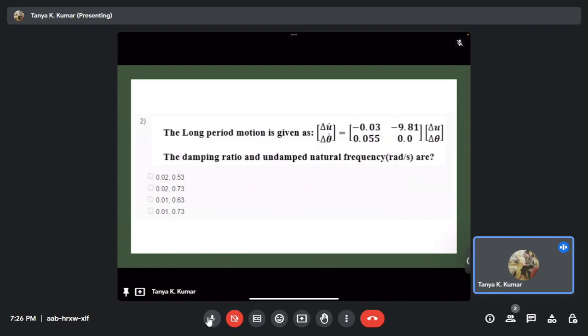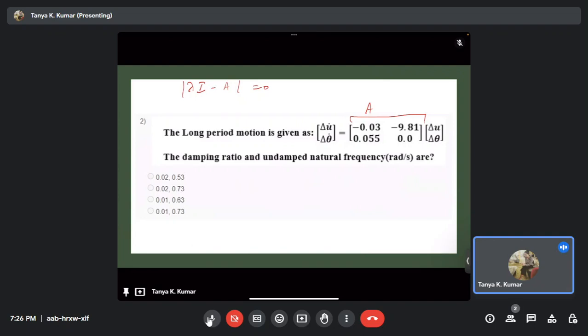First, find the characteristic equation. How do you do that? If this is A, consider this matrix to be A, you have the determinant of lambda I minus A equals 0. This is how you find the characteristic equation, right?